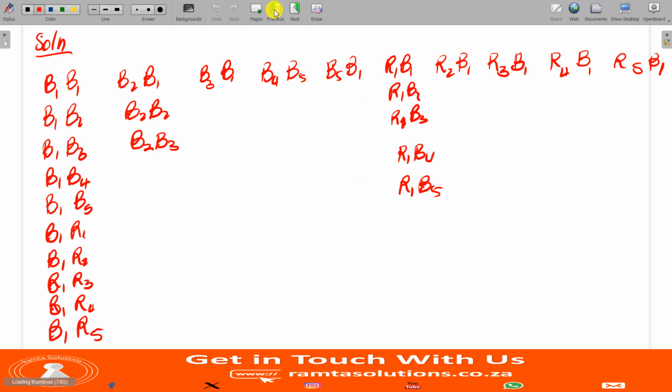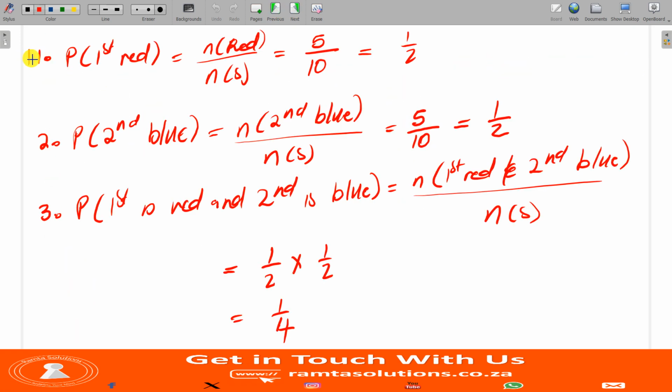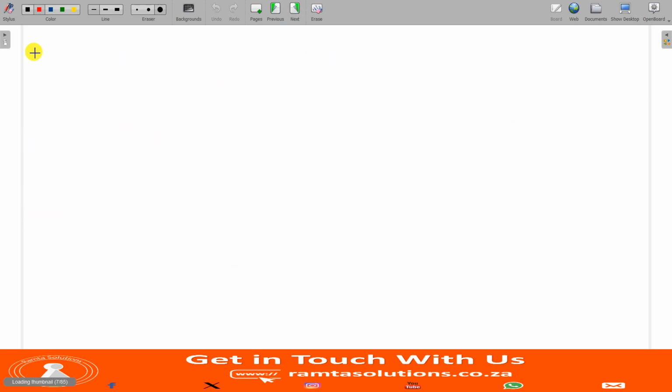Now, I believe we must try the fourth question, 1.4. 1.4 says, are the events independent? All right, so we must ask ourselves, what is the probability of red times the probability of blue? If you recall, we said for red it will be half, for blue it will be half. So what is this?